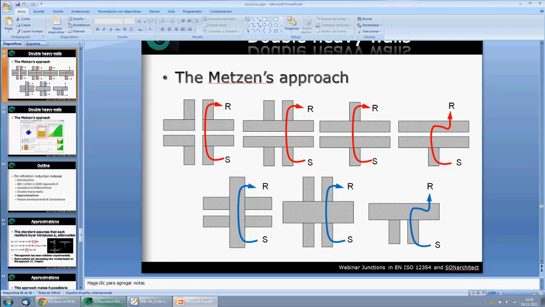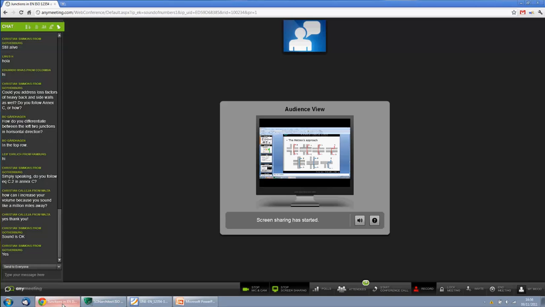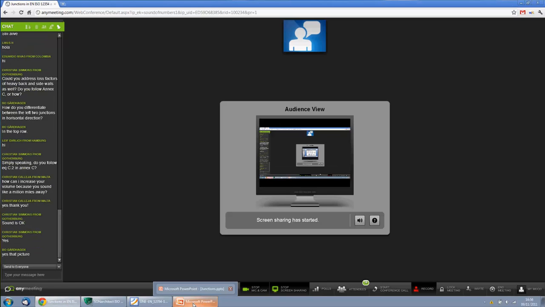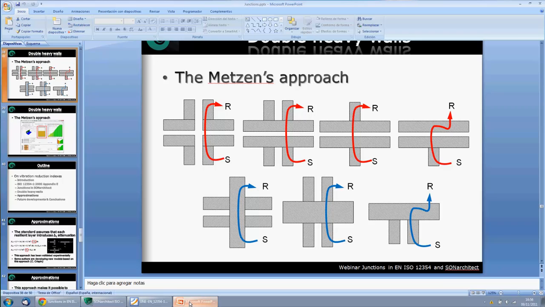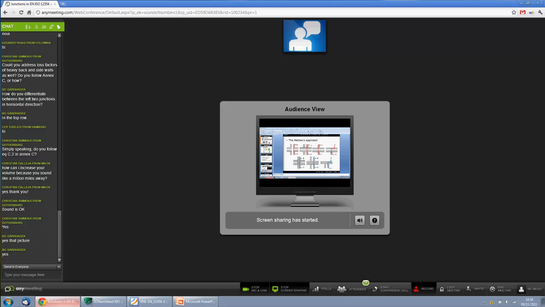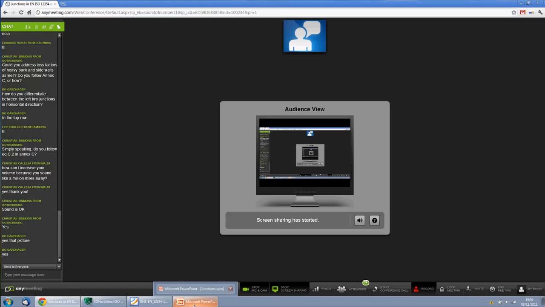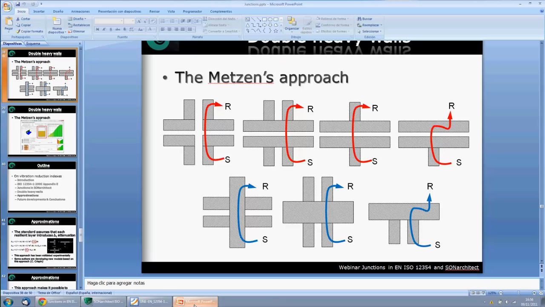Which one? But I don't understand the question. How do you differentiate between the two junctions in horizontal direction? I don't really understand the question. Anyway, if you want us to get deeper in some of the questions, you can contact us and we can have a little chat afterwards.